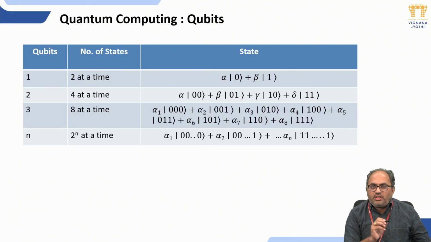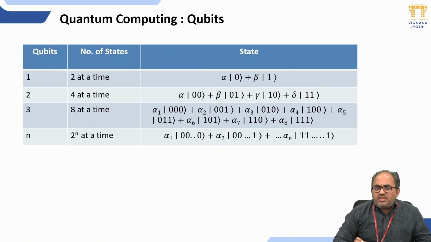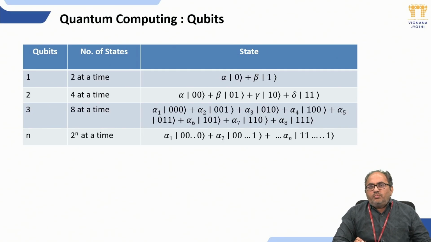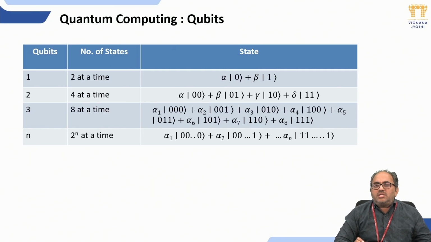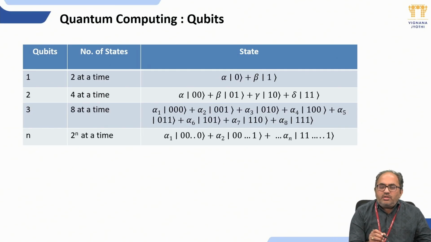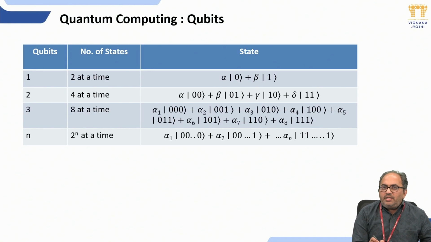Now let us see quantum computing. So far we have seen classical computing and how bits are used to generate the states. Now let us see quantum computing. I said that the unit of information in quantum computing is a qubit. And what is the property of a qubit? A qubit is a superposition of two states, state 0 and state 1.